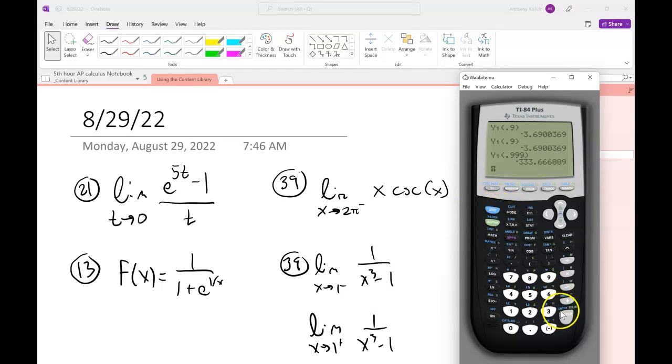If I do the same thing here, and I pick numbers that are slightly bigger than 1, when I cube them, I should get another number that's again slightly bigger than 1. So when I subtract 1, it should always be positive. And as that number in the denominator gets super small, we start shooting off towards positive infinity, which is what we're seeing here in my table.